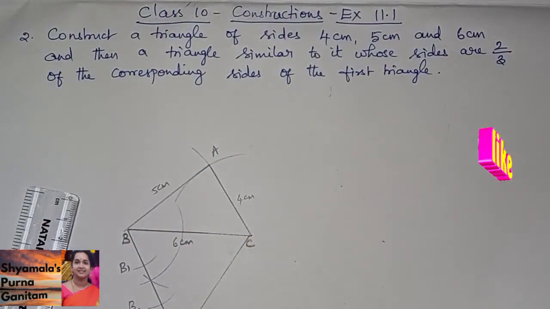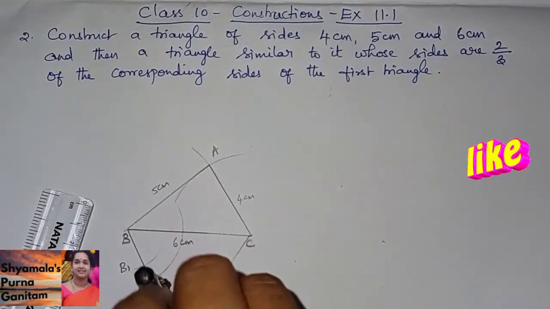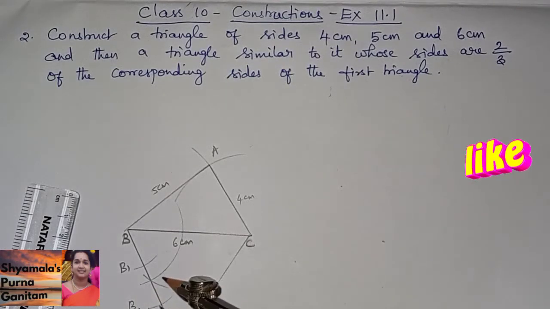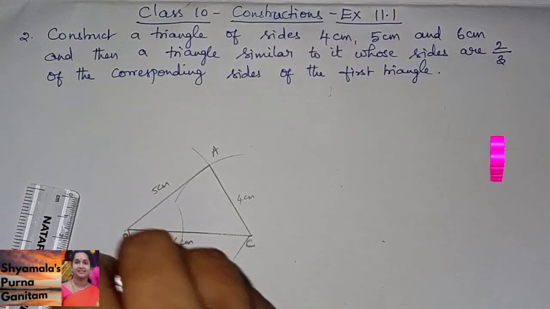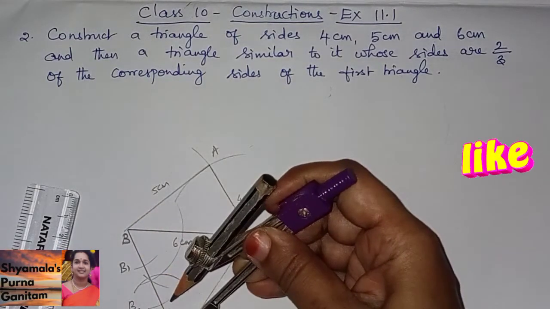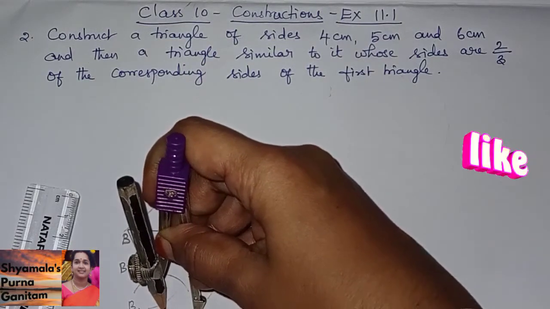The construction of the parallel line is, with B3, we'll take any measurement and cut an arc like this. Then with the same measurement with B2, we'll cut another one. Then we'll measure this angle. We know that the corresponding angles are equal.